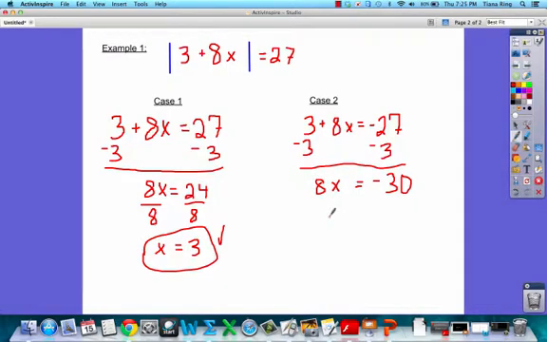And this time, when we divide by 8, 8 is not going to divide evenly into negative 30. It's still okay to have a fraction, but what we would want to do is reduce the fraction. So the only number that can divide evenly into both of these numbers is 2. So if we reduce by 2, we're going to get negative 15 over 4.